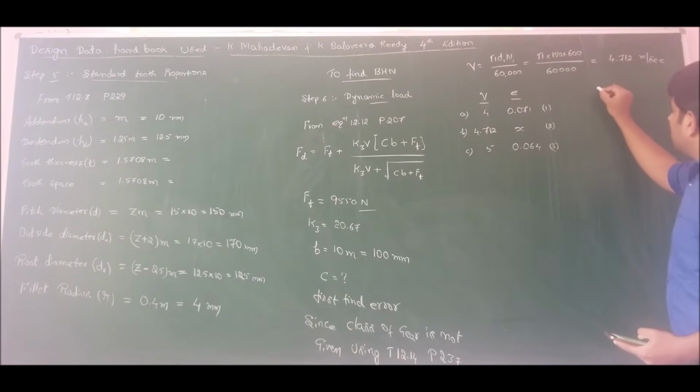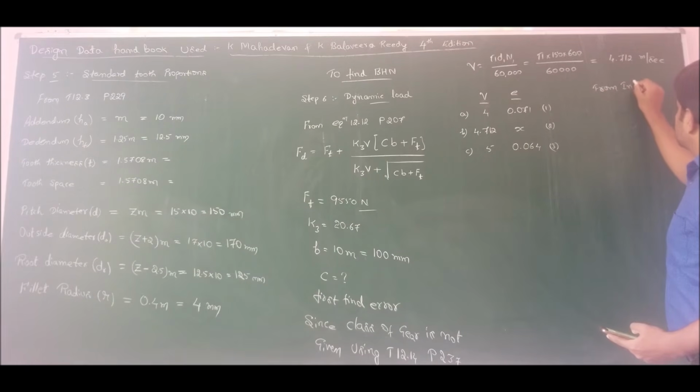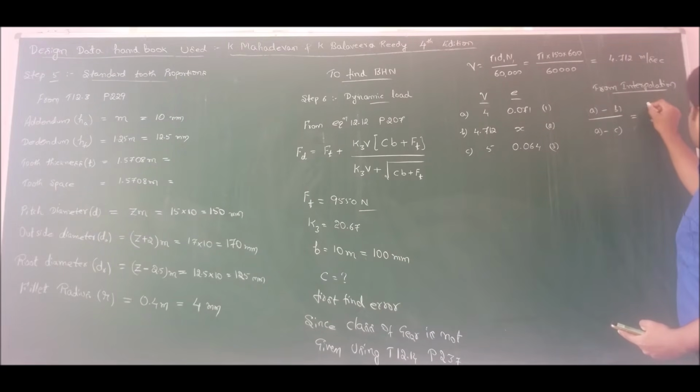So the interpolation formula will be (A − B)/(A − C) = (1 − 2)/(1 − 3).